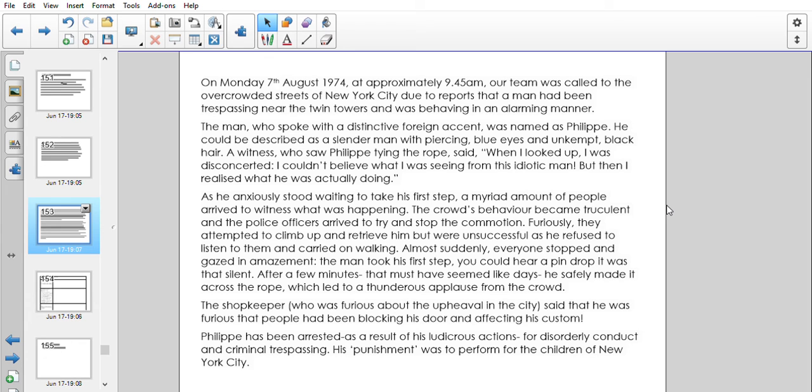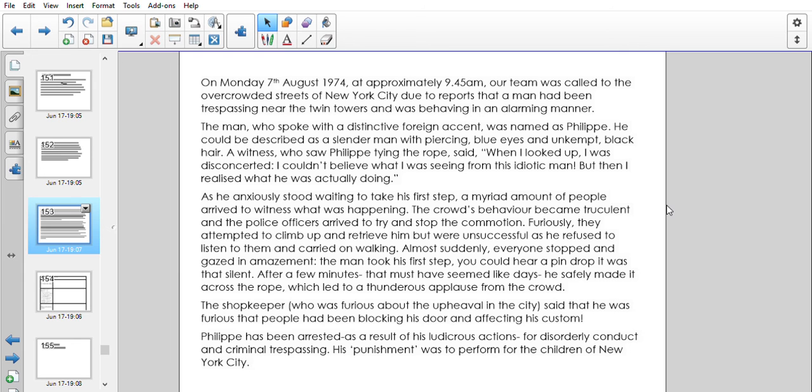The man, who spoke with a distinctive foreign accent, was named as Philippe. He could be described as a slender man with piercing blue eyes and unkempt black hair. A witness who saw Philippe tying the rope said, "When I looked up, I was disconcerted. I couldn't believe what I was seeing from this idiotic man. But then I realised what he was actually doing."